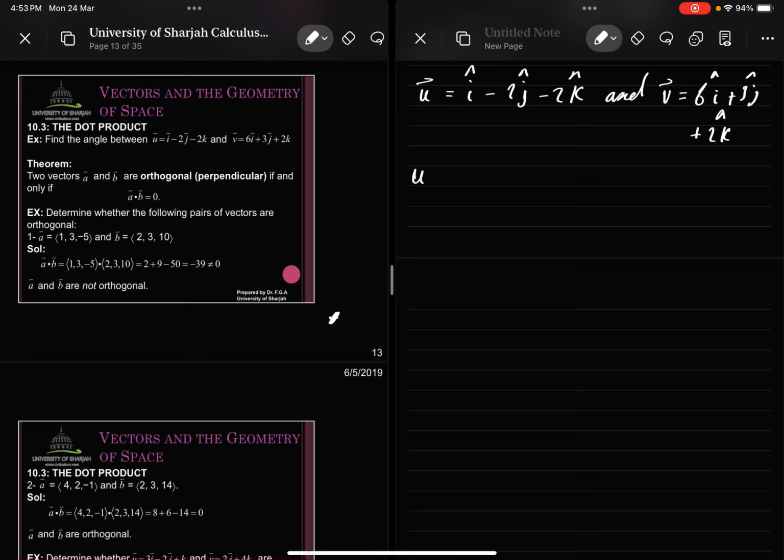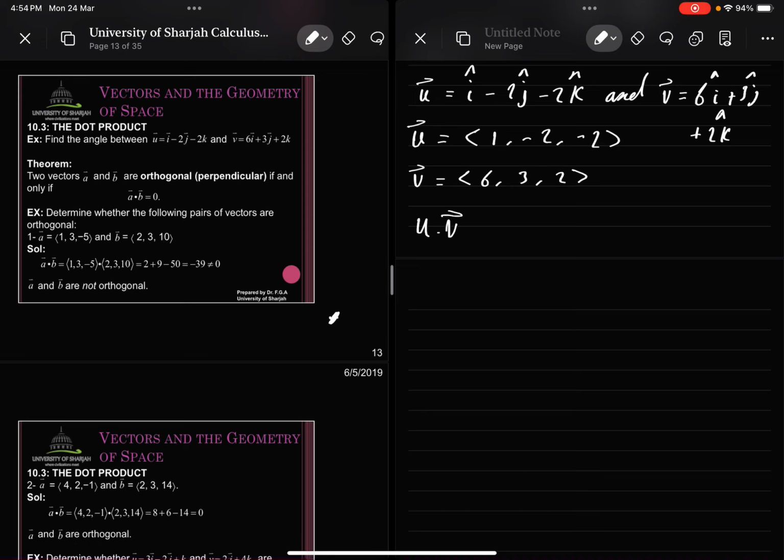First you have to know the vector U, which is 1, negative 2 and negative 2, and for V it will be 6, 3, 2.